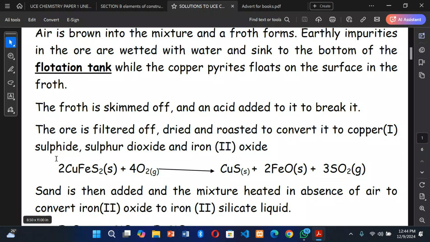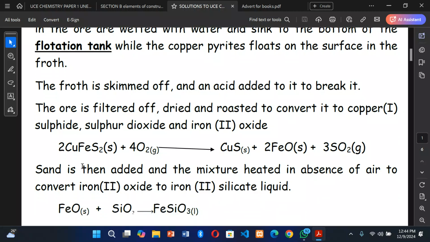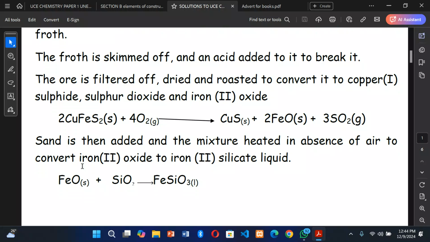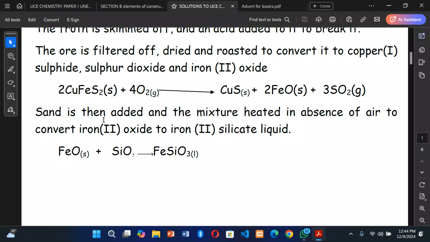So this is the chemical equation. But as a student, if the symbolic equation disturbs you, please leave it out. We have already talked about it in the statement up here. So if the symbols are becoming a problem, then you can leave it out. It's not a must to include it.